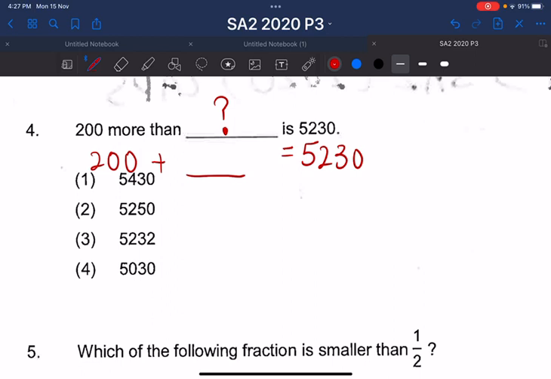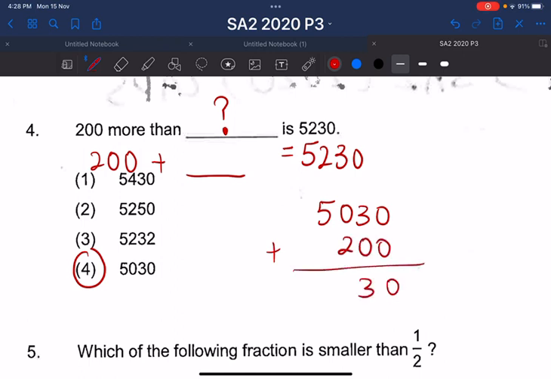So in this case, the answer will be 5,030, because 5,030 plus 200 will give you back your 5,230, which is what you want. So 200 and what number gives you 5,230?